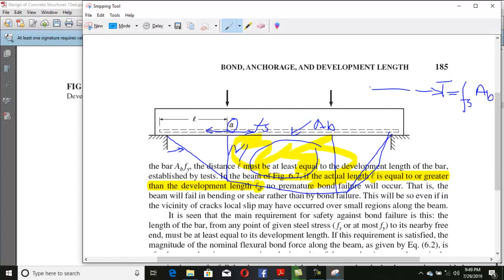This tension will be at both sides. Now, how much should this length be? It says this length L should be such that the tension developed in the steel will be equal to Fs·As over this length.